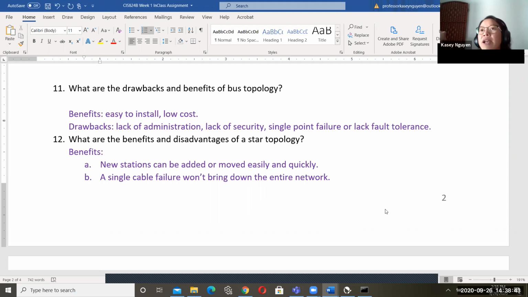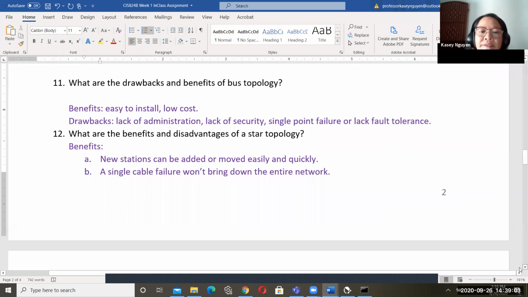So if we cut a cable, that would just disable one of the systems, but the rest of the network is still functioning. So it's more advantageous compared to a bus topology. Okay, how we arrange it and connect it. So those are the benefits.